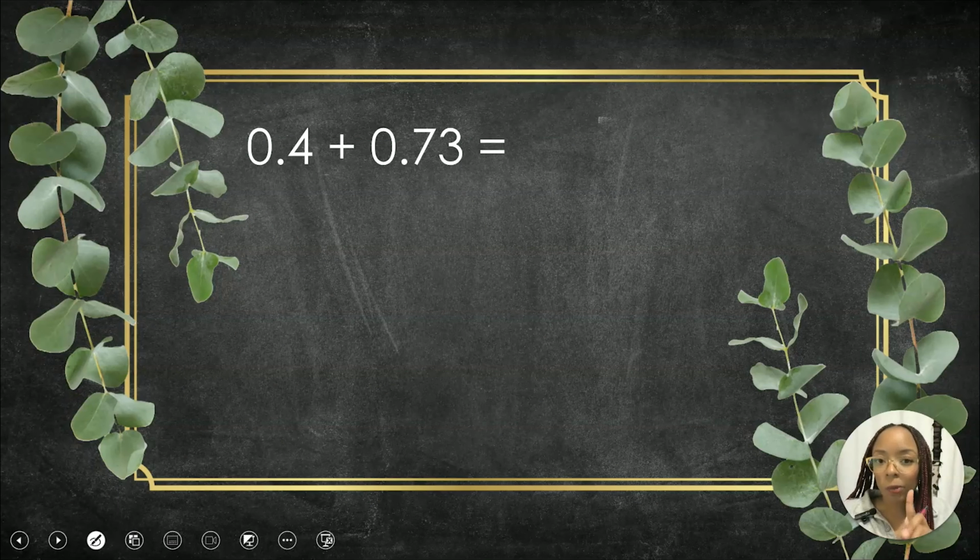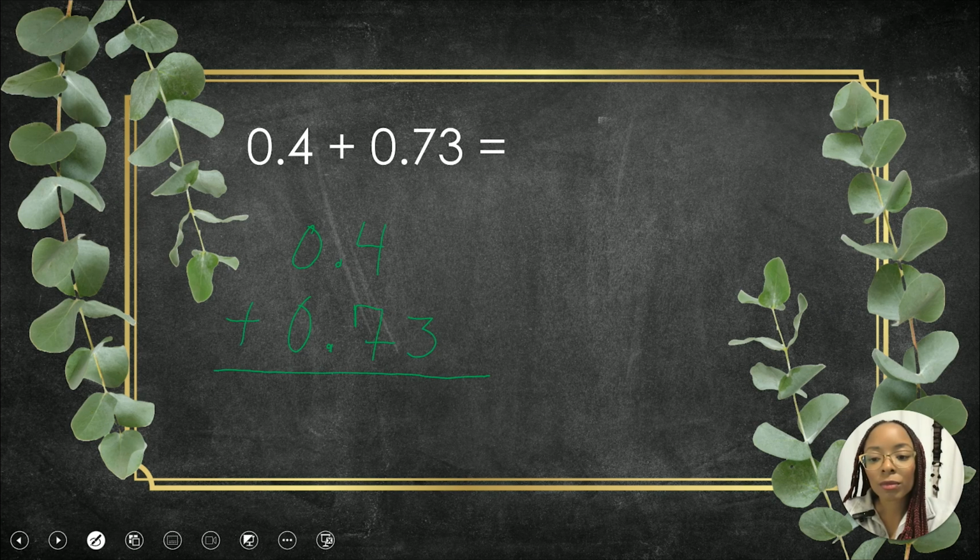We're going to try that one more time. Again, we're lining our numbers up by place value. We want to bear in mind, once again, that when there's nothing, the value is 0.